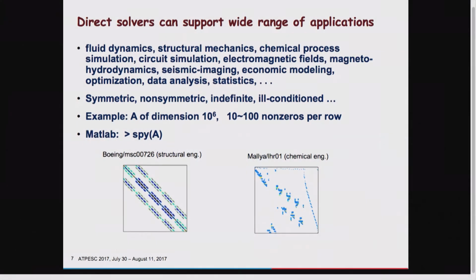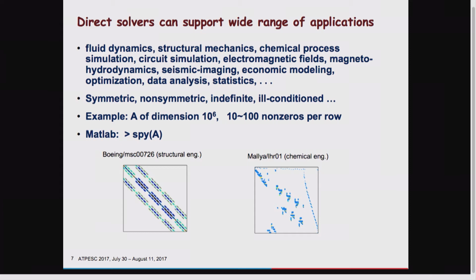So talking about the algorithm a little bit, one of the nice things about direct solvers is that they can support a very wide range of applications. Here is a list of a number of them. They can work with symmetric and non-symmetric matrices, indefinite problems, and very ill-conditioned problems. So the factorization essentially is not very sensitive to those numerical properties.